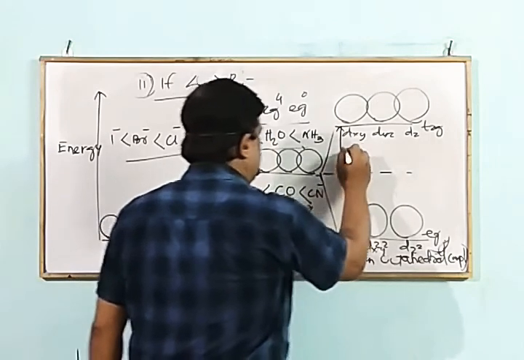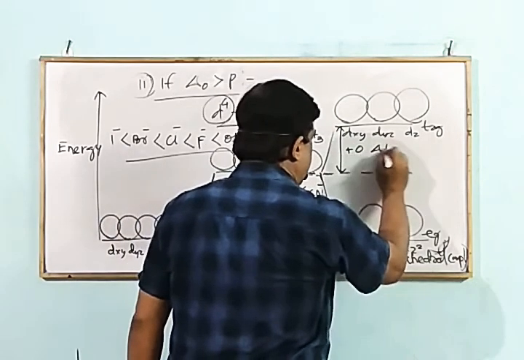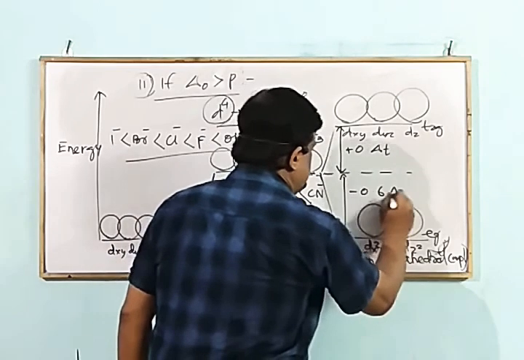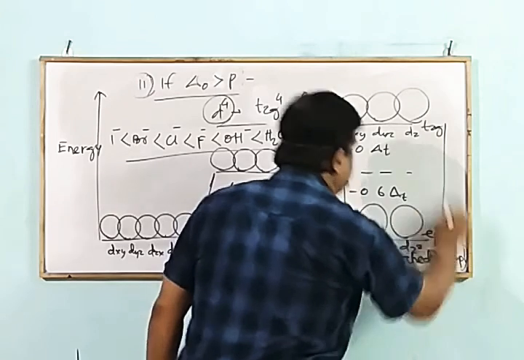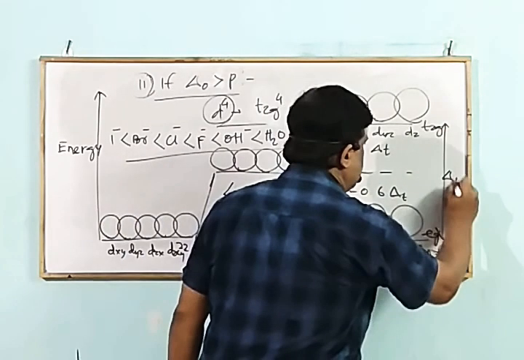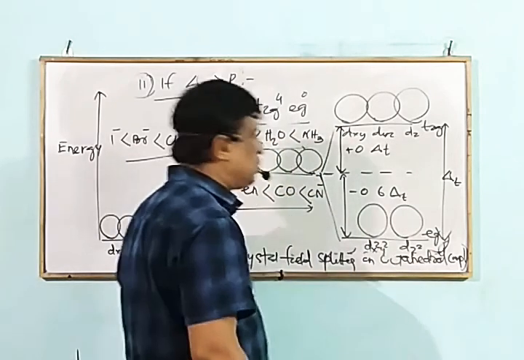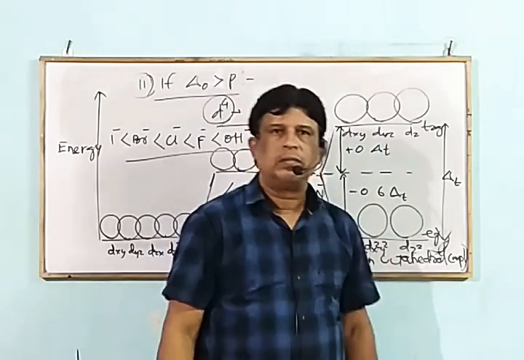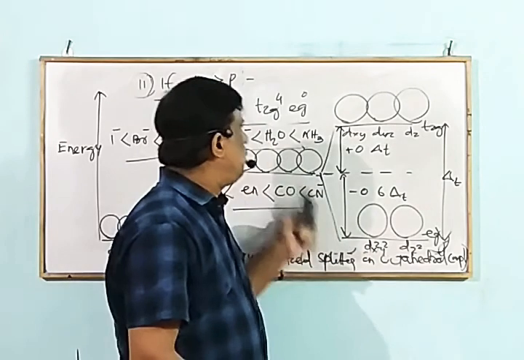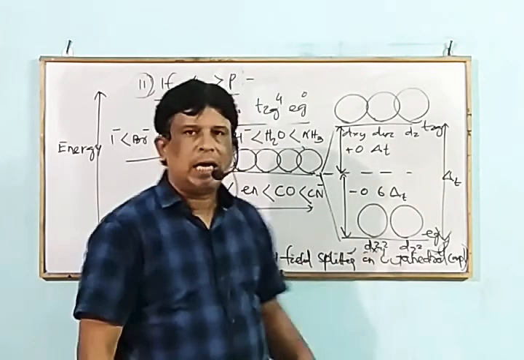Here it is plus 0.4 ΔT and minus 0.6 ΔT. The splitting, the difference in energy between the two sets of orbitals, is known as ΔT, where T stands for tetrahedral complex. This is the difference in the arrangement in octahedral and tetrahedral complexes.